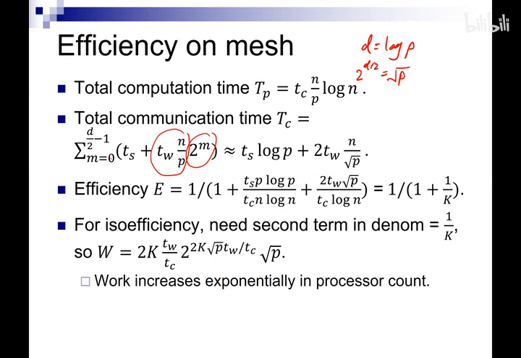All right, so now in terms of efficiency, this is going to be the computation time divided by the computation plus the communication time. If you simplify everything, you get this term, n divided by p.